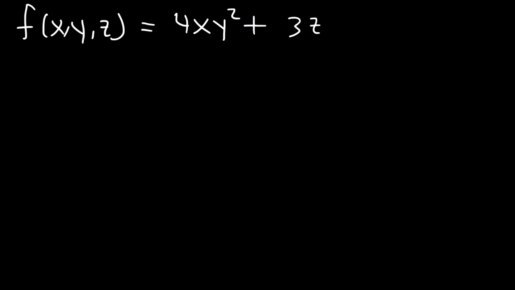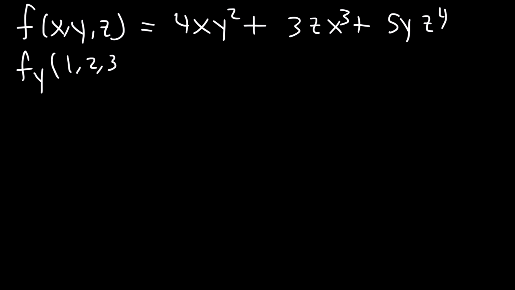Now let's say if we have this function. And all we want to do is evaluate the first partial derivative with respect to y at the point 1, 2, 3.